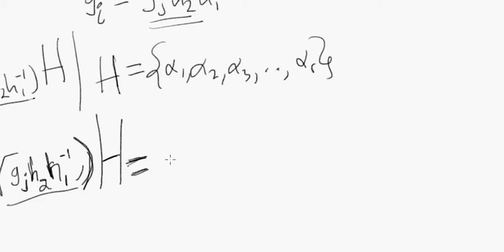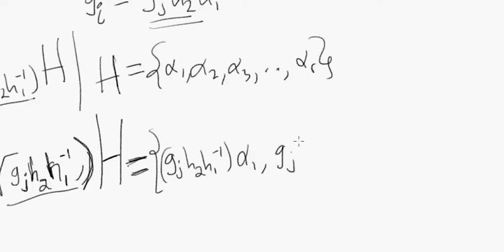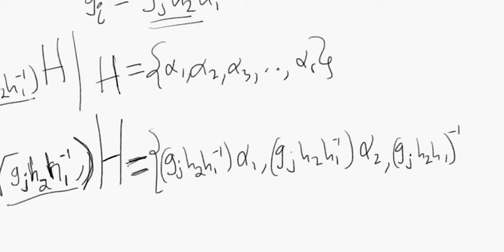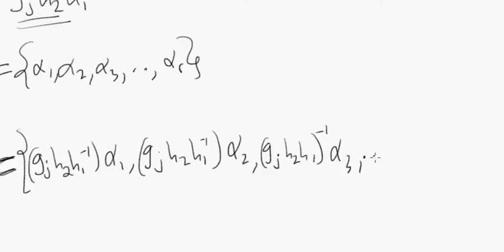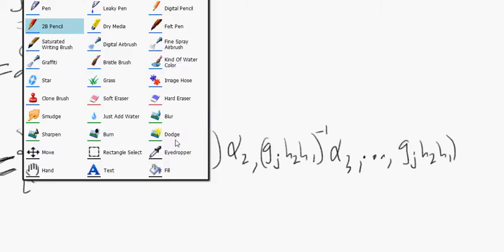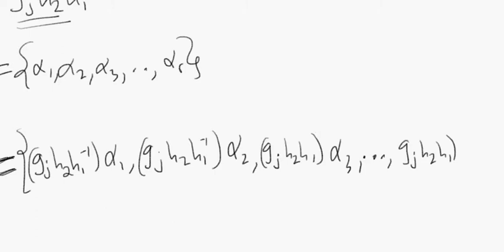So we now have Gjh2h1 inverse multiplied by alpha 1, then Gjh2h1 inverse multiplied by alpha 2, then Gjh2h1 inverse multiplied by alpha 3, and we continue this process until Gjh2h1 inverse multiplied by alpha r. Oh, here we made an error: what we're really saying is that it's h1 inverse over here, and over here it's also h1 inverse.